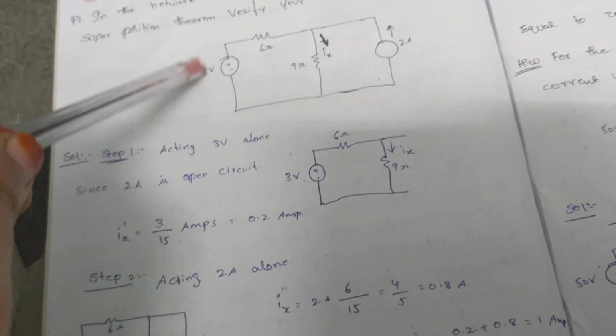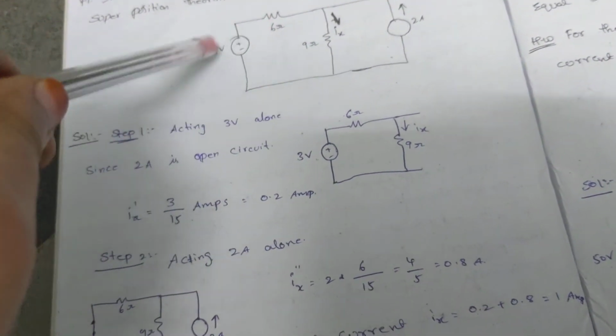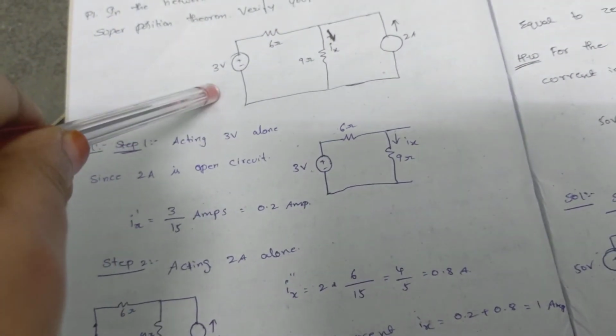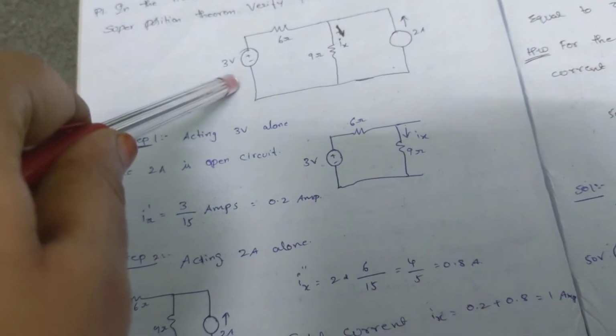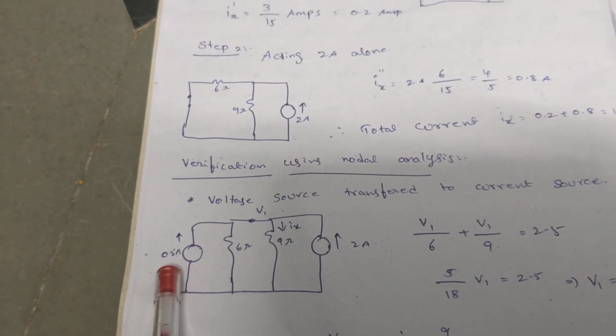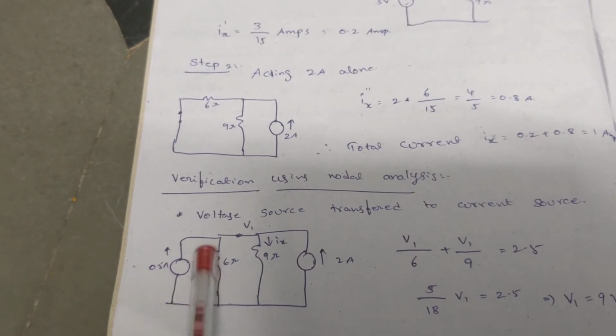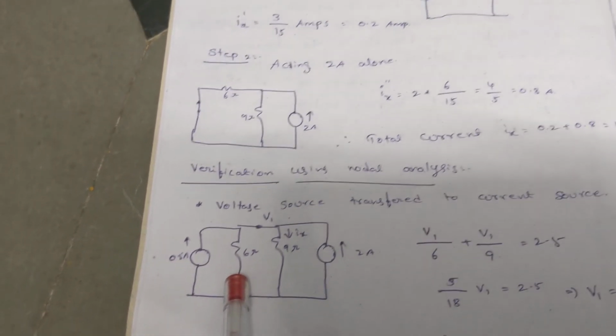So I have the voltage, I have the resistor. To find out the current, V divided by R, 3 divided by 6 is nothing but 1 by 2, nothing but 0.5 amperes. So a 0.5 ampere current source is in parallel with your 6 ohm resistor.